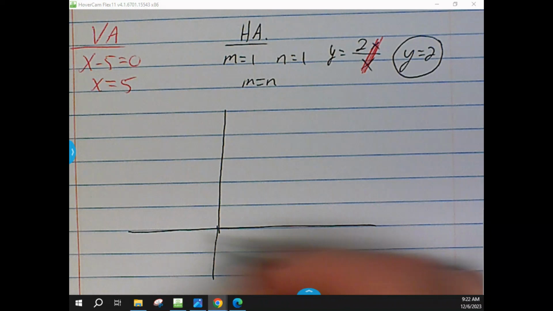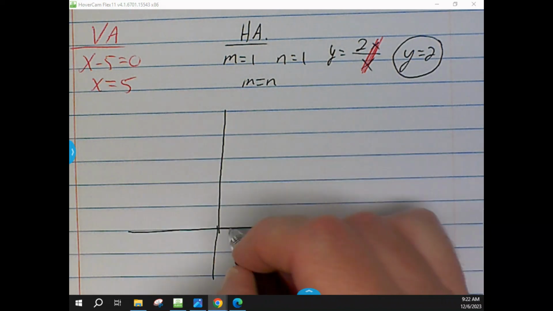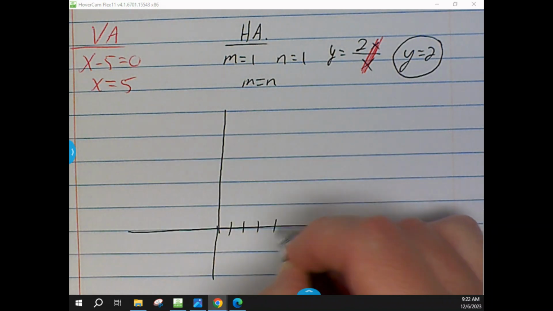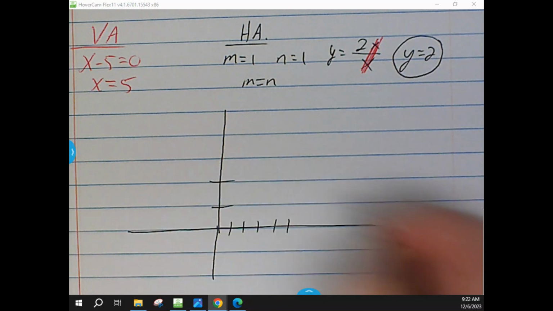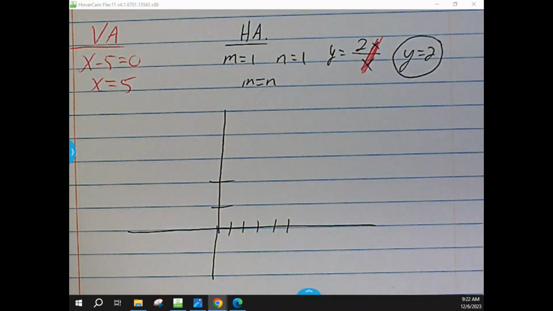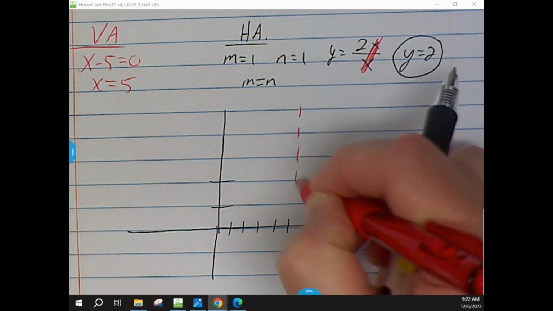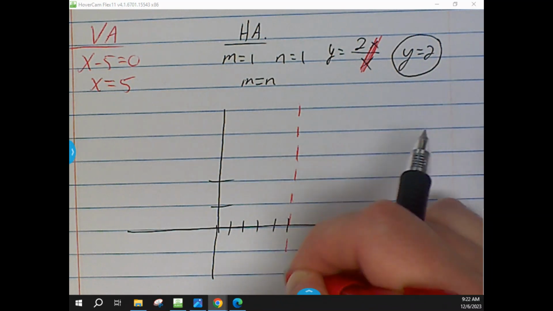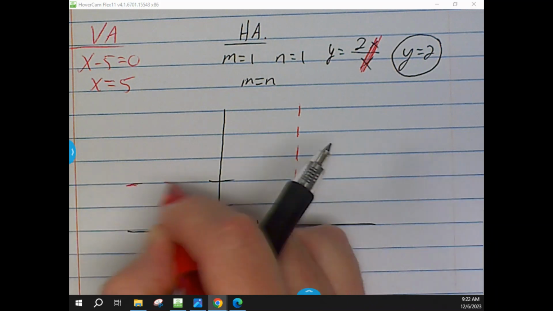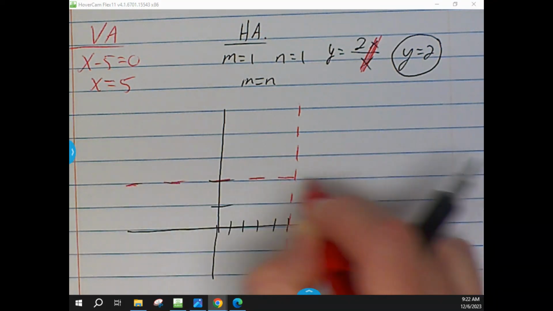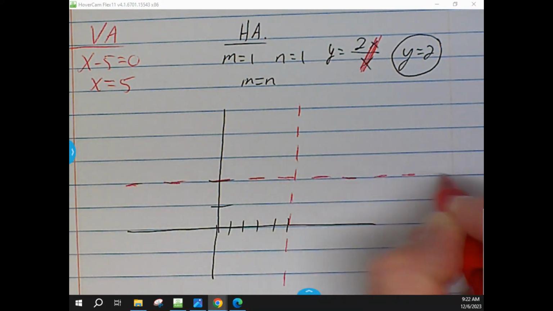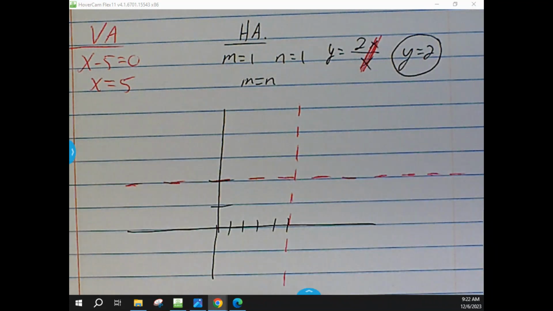So basically the center of this graph now is kind of moved over so that we've got an asymptote going this way at x equals 5. We've got another one going this way. So we've kind of shifted the center of the graph from 0, 0 over to 5, 2.